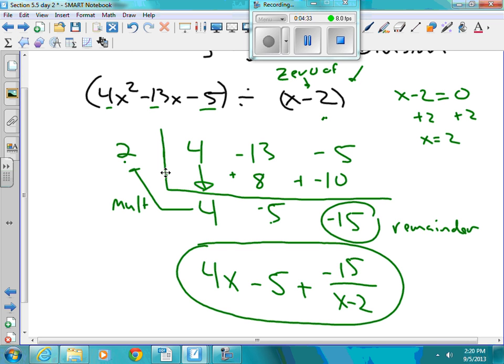Trinomials and quadratics, you can't use synthetic division. You must use long division. So we still need long division, but that is synthetic division. Okay, rewind it if you need to go through it again. If you understood synthetic substitution, it should be pretty similar. The only last difference is how do we take these bottom numbers, the 4, negative 5, and negative 15, and turn them into an answer.